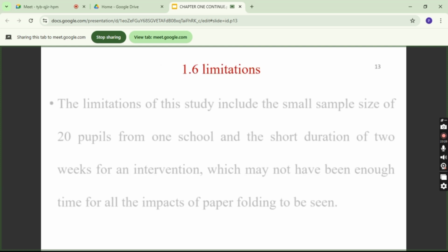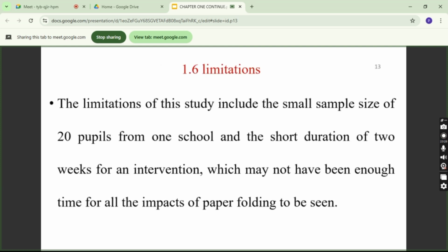All right. So let's look at the limitation, how I use that topic to write the limitation. I said the limitation of this study includes a small sample size of 20 pupils from one school and a short duration of 2 weeks for an intervention, which may not have been enough time for all the impact of paper folding to be seen. So this is my limitation.